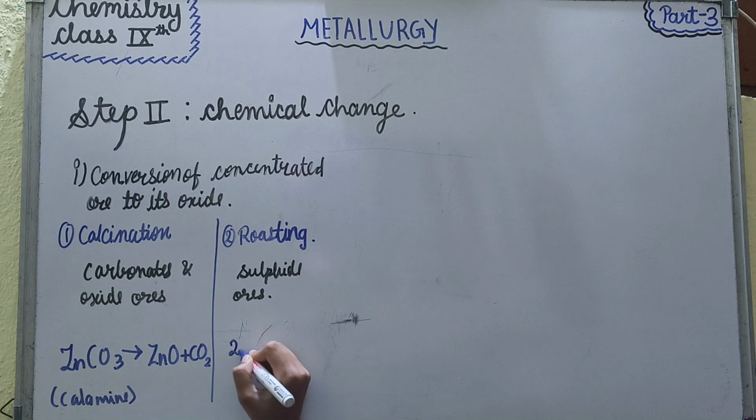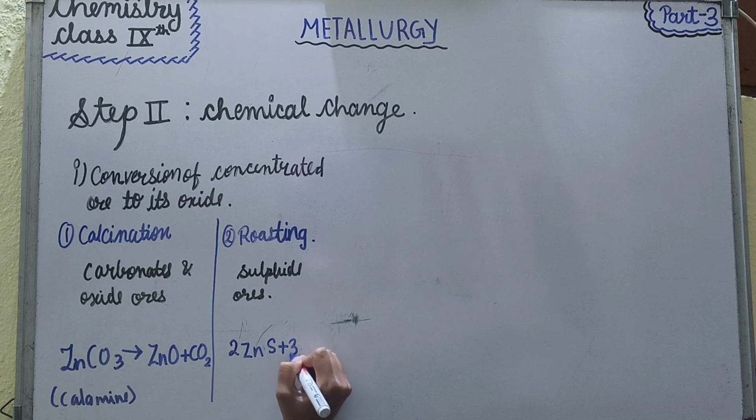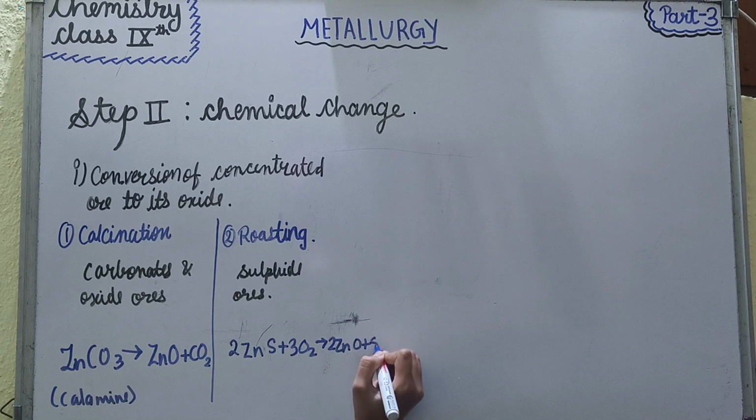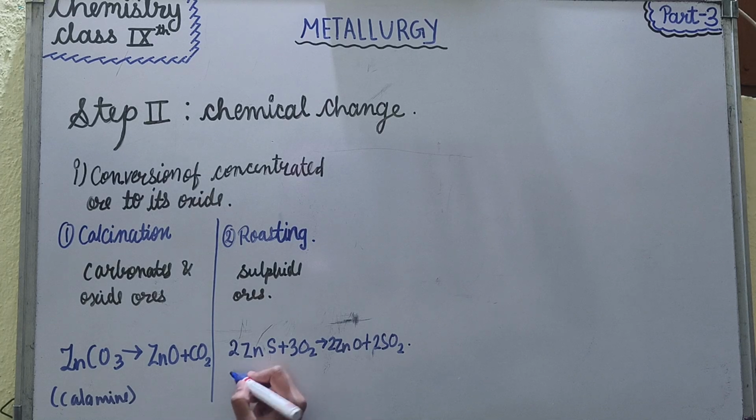And in roasting, 2ZnS plus 3O2 gives 2ZnO plus 2SO2, which is zinc blende.